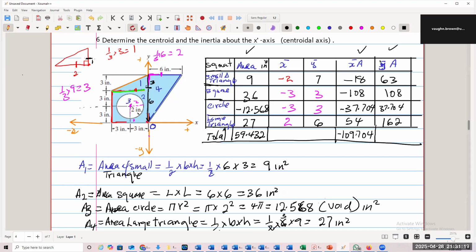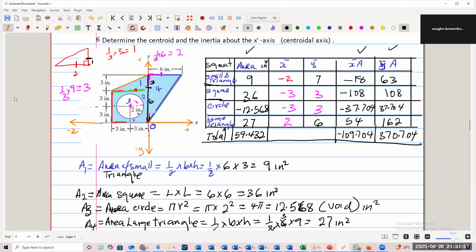All right. The next line, I am getting 63 plus 108 plus 37.704 plus 162. So it is 370.704. All right, so that's that line.